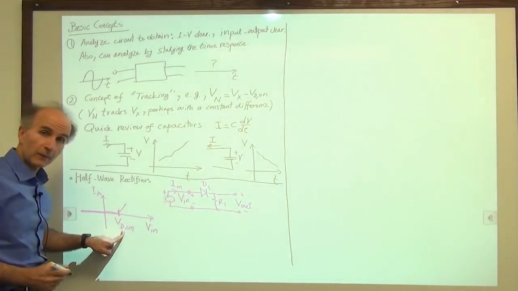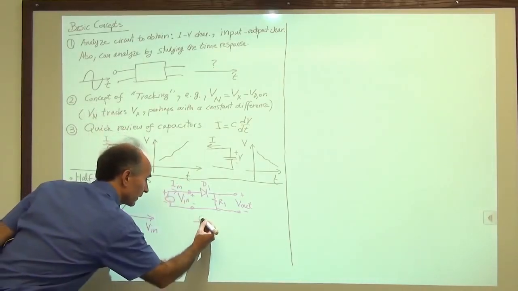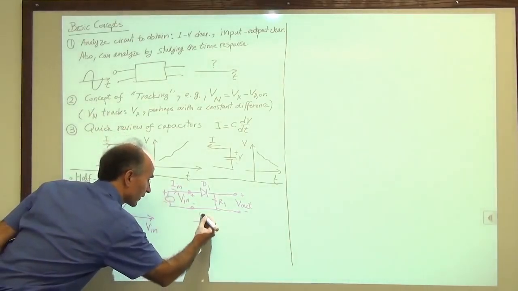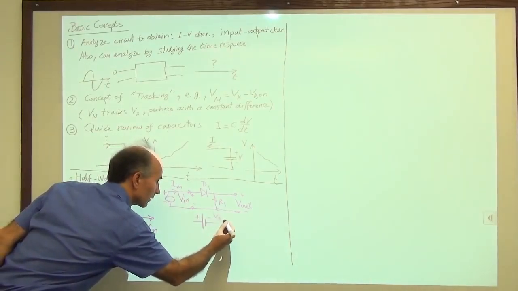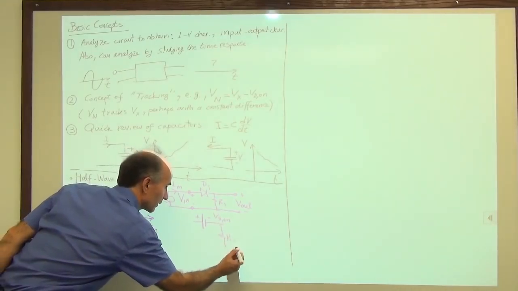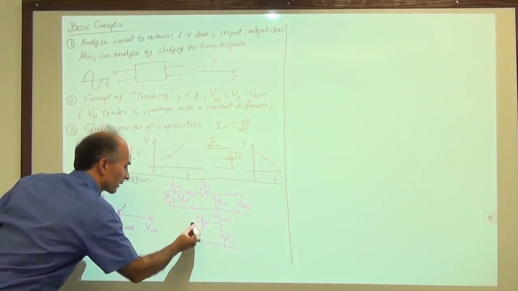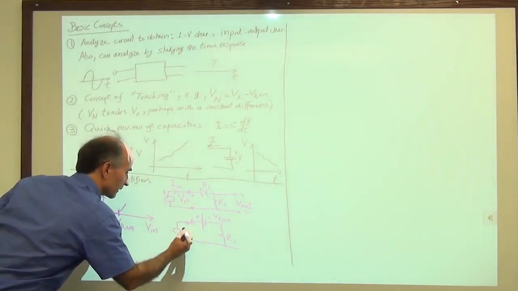So just to make sure that this point is clear, let me draw the circuit when the diode is about to turn on. So we have VD on here, then we have R1, and if you'd like we can draw that short circuit, and this is V in.